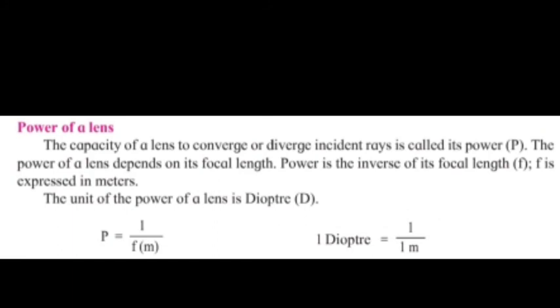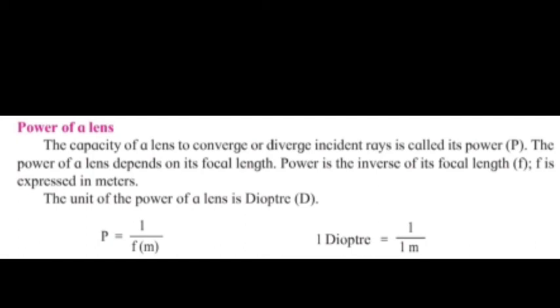So we will see our next point, that is, power of lens. What is this power of lens? The power of a lens means the capacity of the lens to converge or diverge an incident ray, and it is denoted by the capital letter P. The power of a lens depends on its focal length.